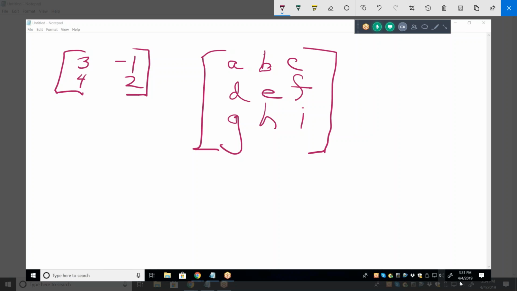Okay. So, what's the determinant of that 3x3 going to be? You multiply A times E times I, right?